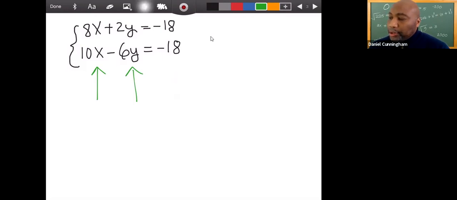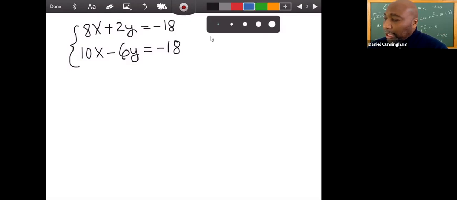Now, what we need to do is decide which variable to get rid of, and it doesn't matter which. Do you want to get rid of the x or the y? In this case, I want to get rid of the y. To get rid of the y, I have to make sure my coefficients are the same, and one is the opposite of the other.